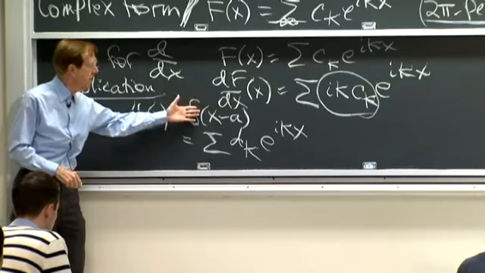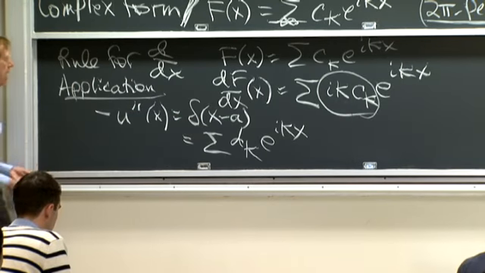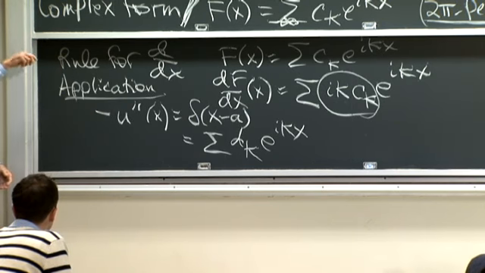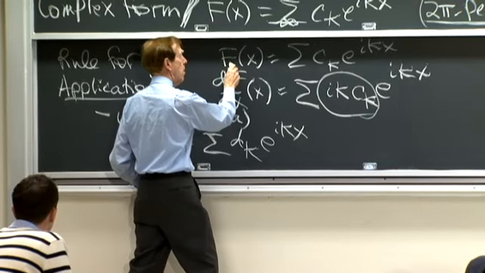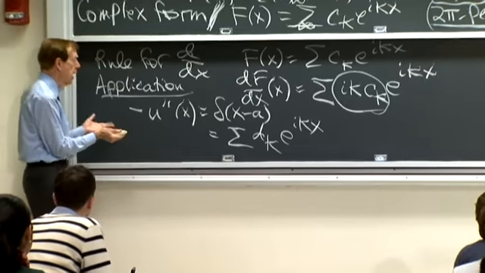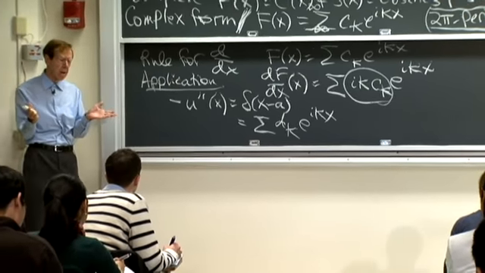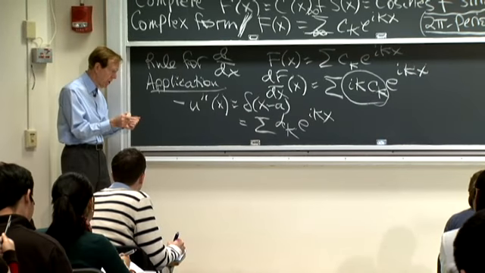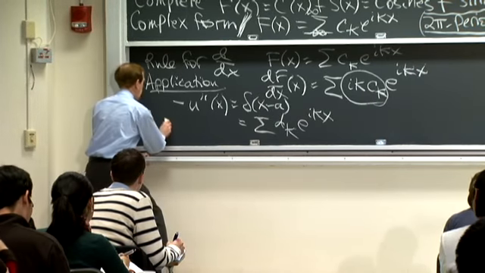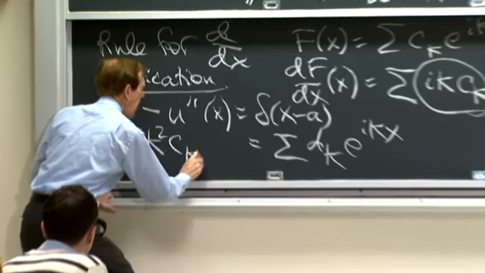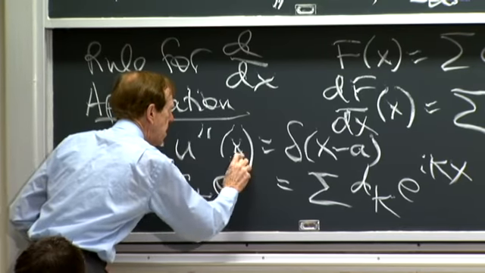So the right side has coefficients dk, and what about the left side? What are the coefficients? If the solution u has coefficients ck, then what happens to the second derivative? ik again, that's i squared k squared, the minus sign, so we would have the sum of k squared ck e to the ikx.